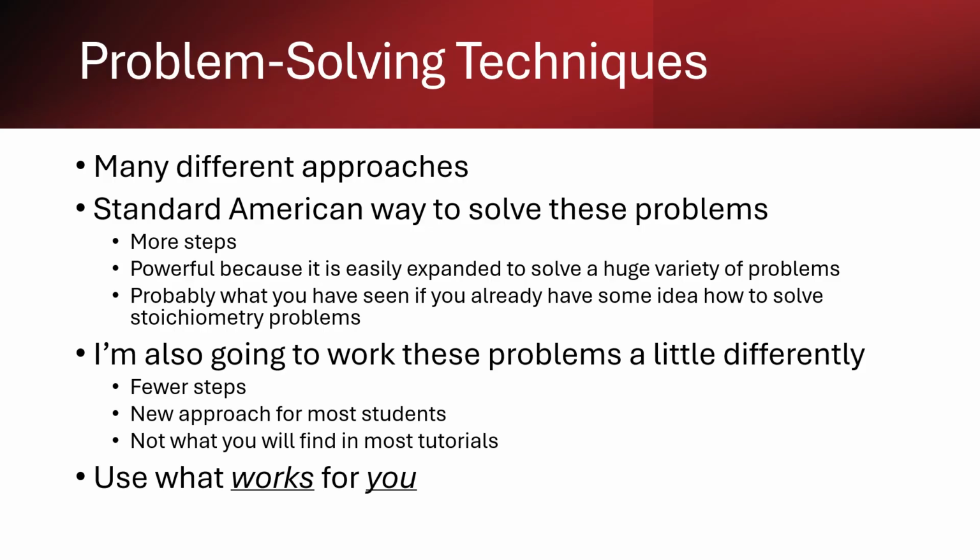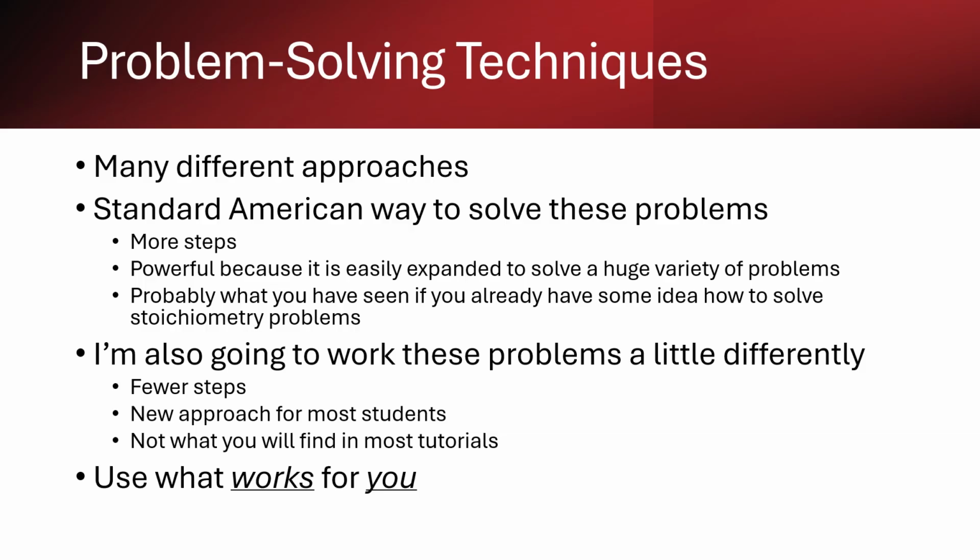There are many different problem-solving techniques for doing reaction stoichiometry. I'm going to just show you 2, but there certainly are more than that. There is a standard American way of solving these problems.